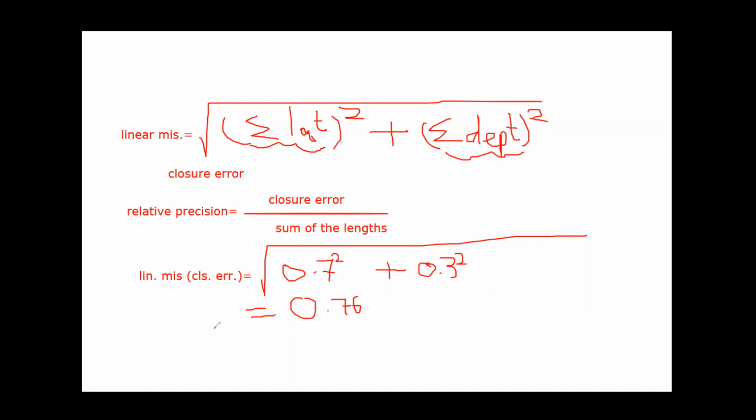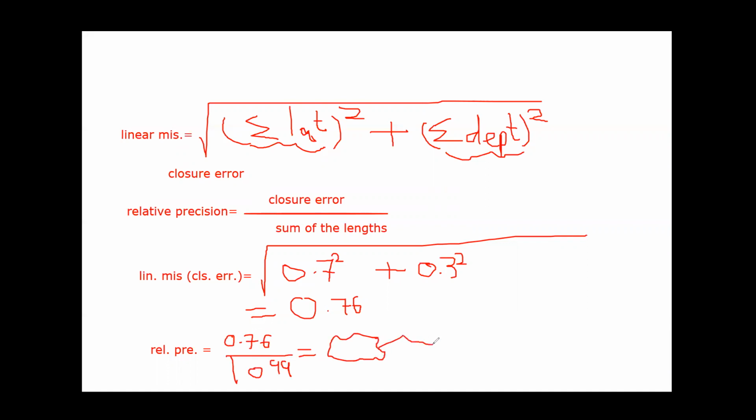And then you divide this, so you get your relative precision equals the 0.76 divided by the sum of the lengths, which is the 1099.09, and that's going to give you a very small decimal number.